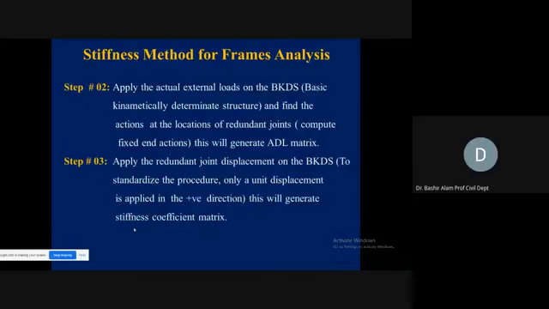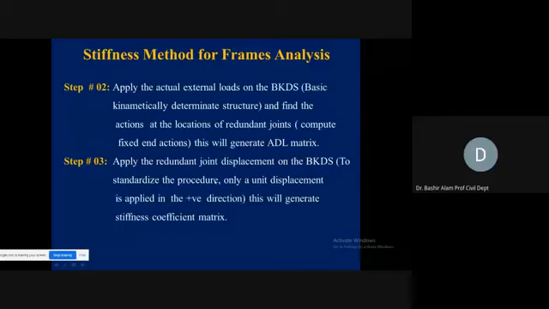So step number 2: apply the actual external loads on the basic kinematically determinate structure and find the actions at the locations of redundant joint displacements. That means we compute fixed end actions corresponding to the redundant joint displacements, and this way we generate the ADL matrix. Step number 3: apply the redundant joint displacements on the basic kinematically determinate structure. As a standardized procedure, we apply only a unit displacement in the positive direction.